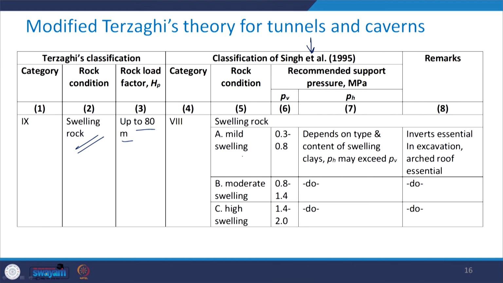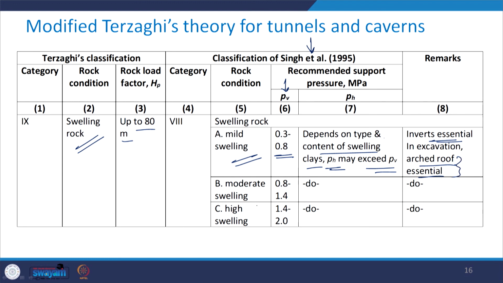In this case, if you have the mild swelling, the vertical support pressure varies from 0.3 to 0.8 megapascal, and the horizontal support pressure depends upon the type and the content of the swelling clay, and in this case PH may exceed PV. Again, the inverts are essential, and in excavation, arched roof is essential.